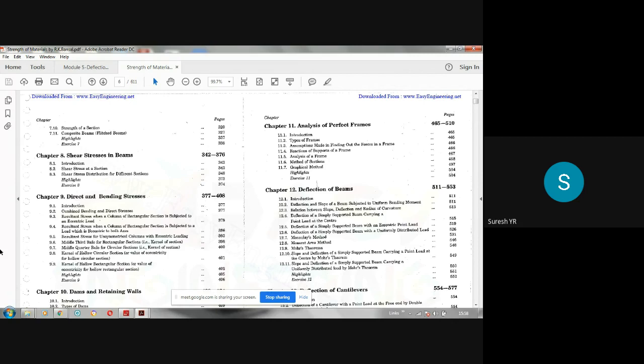10 into 2 plus 15 into 3 minus RB into 5 is equal to 0. 45. Yes sir.